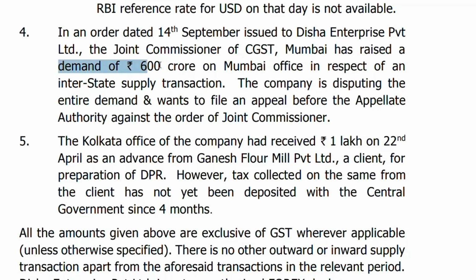The company is disputing the entire demand and wants to file an appeal. You know that an appeal can be filed to the appellate authority or appellate tribunal. Now they have first appealed before whom? Appellate authority. For how much demand? 6 crore demand.